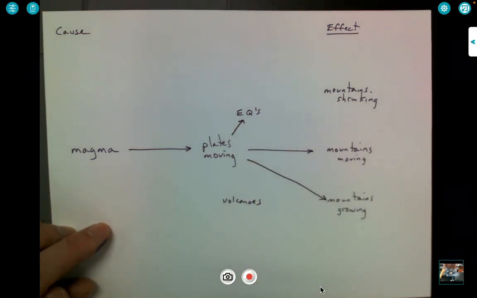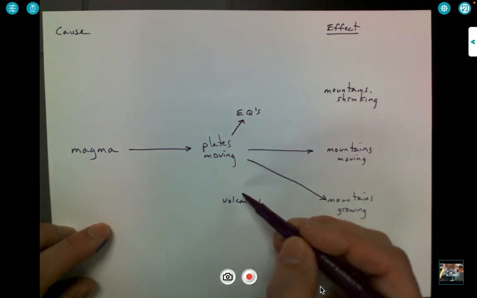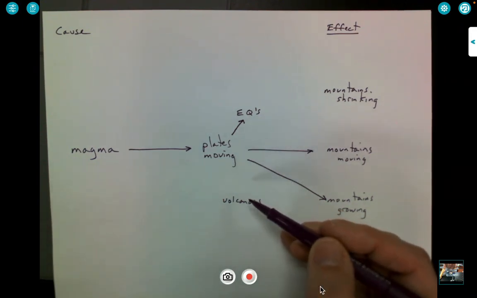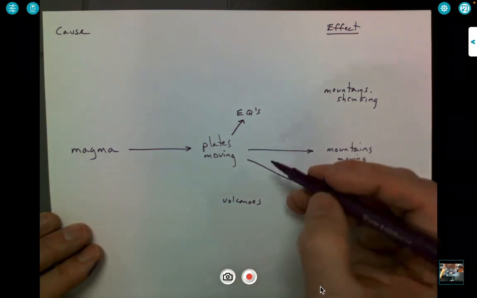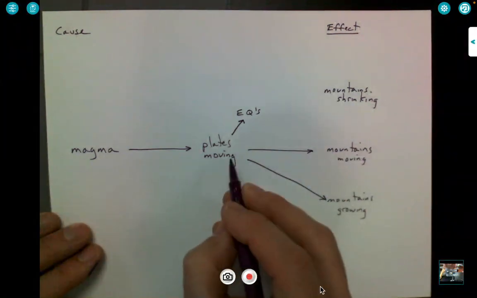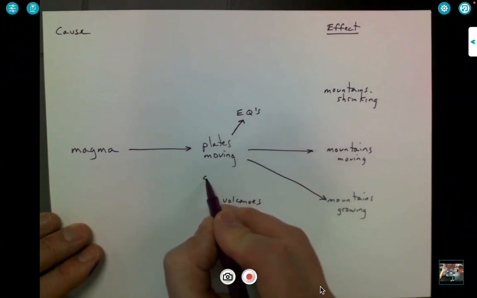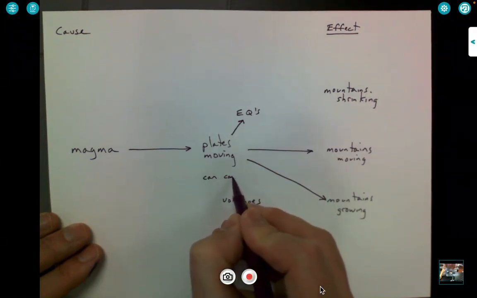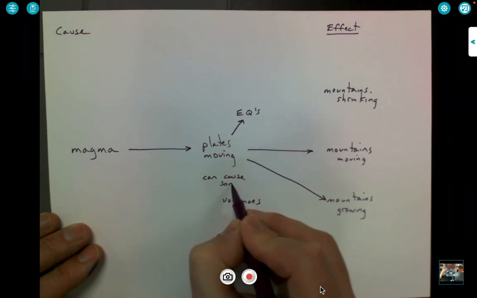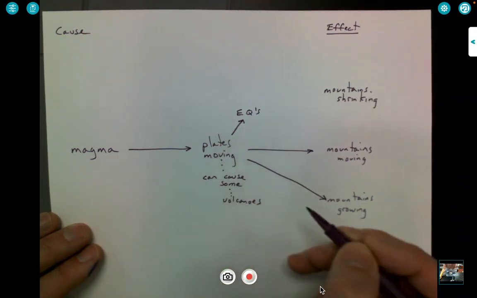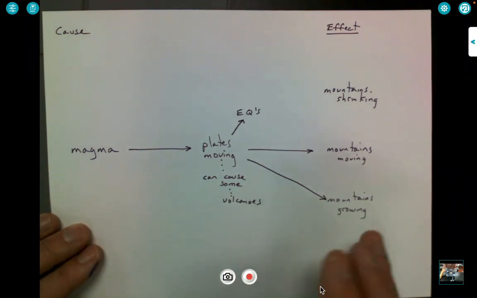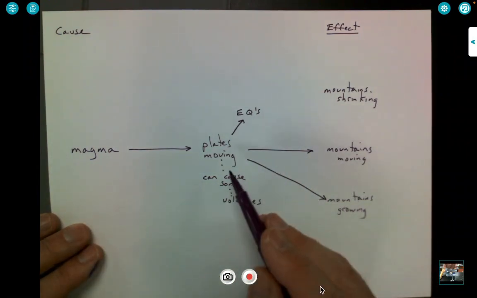So we can draw an arrow there. But plates moving can cause some of them, but not all of them. So we'll put that in there. We'll do some dotted lines to show that it's not a cause and effect. It's kind of like a connection. But plates do cause earthquakes.